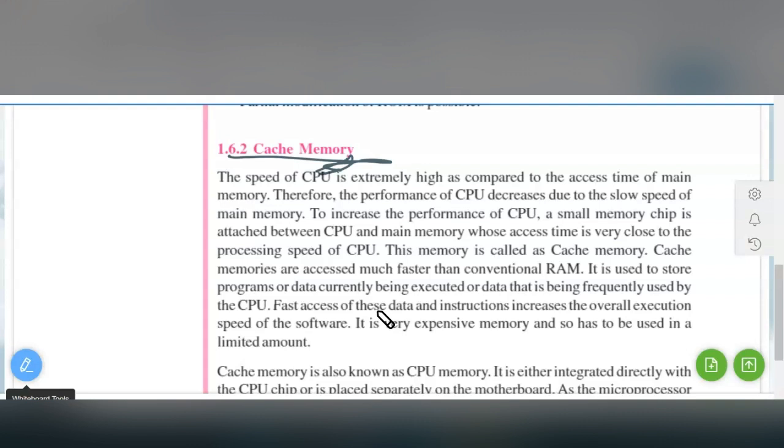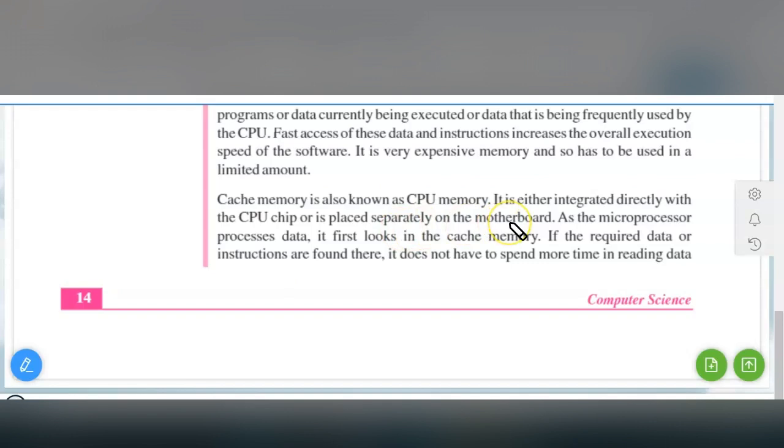To improve the performance of the CPU, a small chip is attached between the CPU and the main memory, whose access time is very close to the processing speed of your CPU. This is cache memory, and the chip used has a high processing speed, so it doesn't affect the speed of the CPU. It is placed on the motherboard. This is the place where cache memory resides.